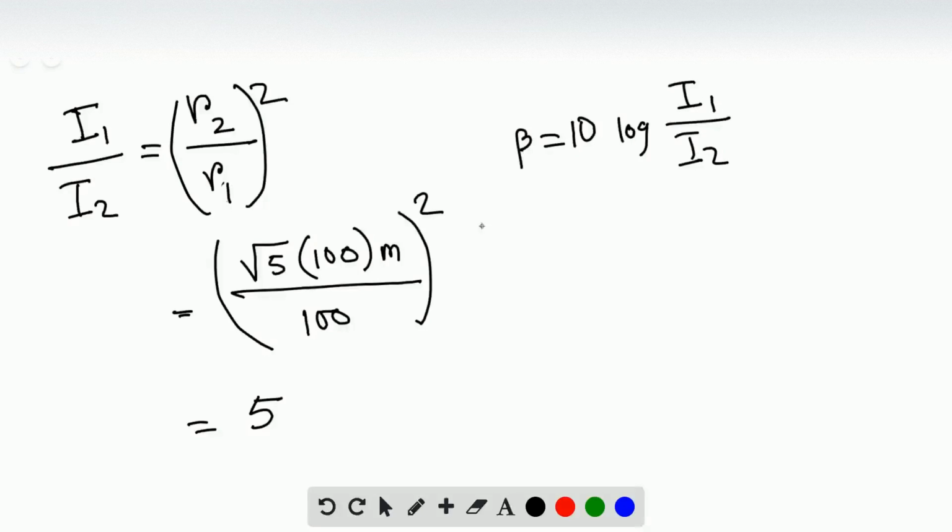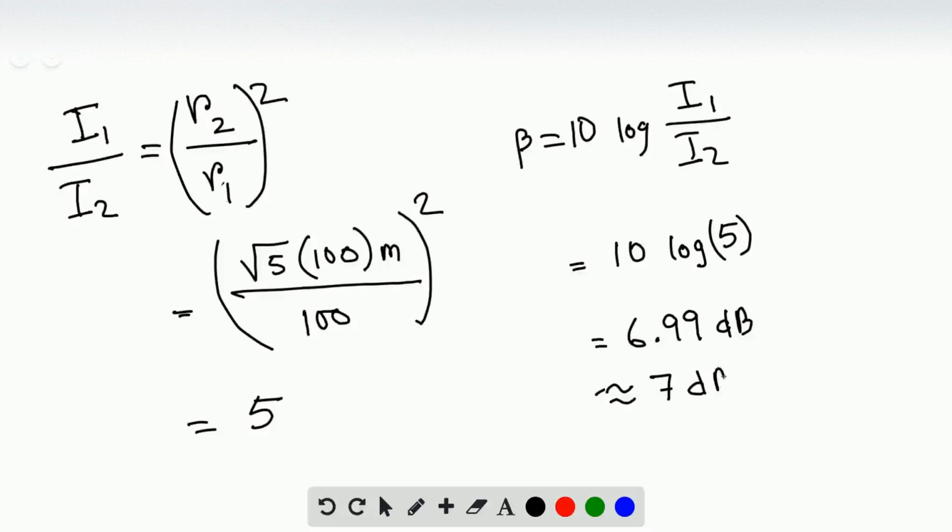Since we have already calculated I1 over I2, we can directly use that number. So we'll have 10 log of 5, and that'll give us 6.99 decibel, or if you approximate it, it's 7 decibel.